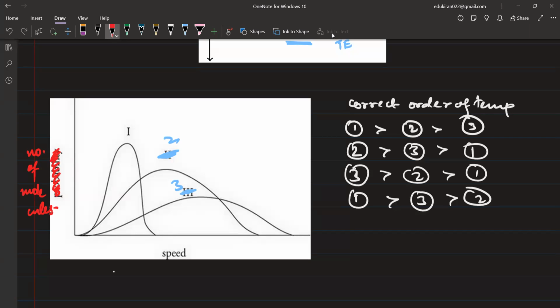Not exactly, but relatively you have to tell which is going to have the highest temperature, and which is going to have the lowest temperature. No, you have an option here. A, B, or C, or D.